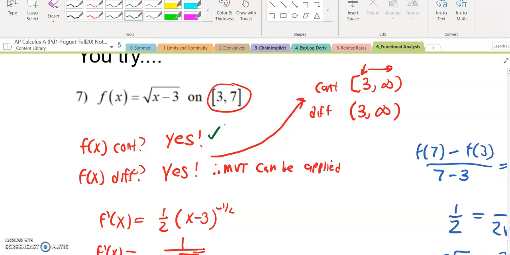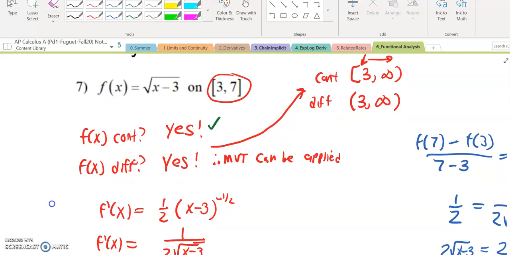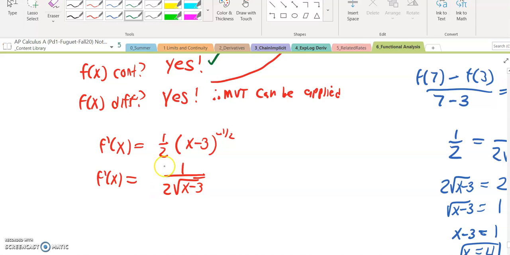Is f of x going to be differentiable? Well, when you take the derivative, you get 1 over 2 square root of x minus 3. So once again, any value less than 3 is going to be a problem because you have a negative square root. But the number x equals 3 would give me a 0 in the denominator. Therefore, it is a vertical tangent line. It's a vertical slope.